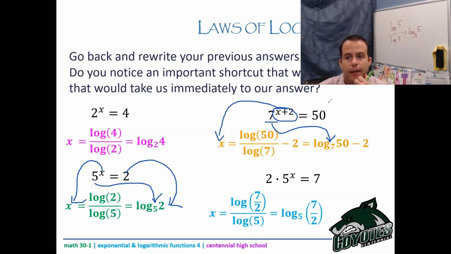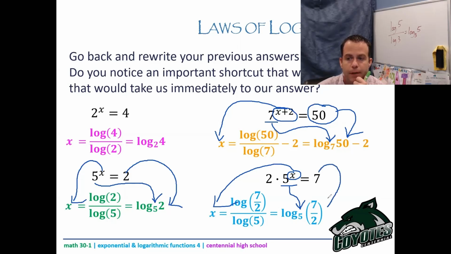And if I was free, I'm now locked. The base became the base. If I was locked, I'm free. And this ended up being 7/2. That was free, now became locked. Okay.